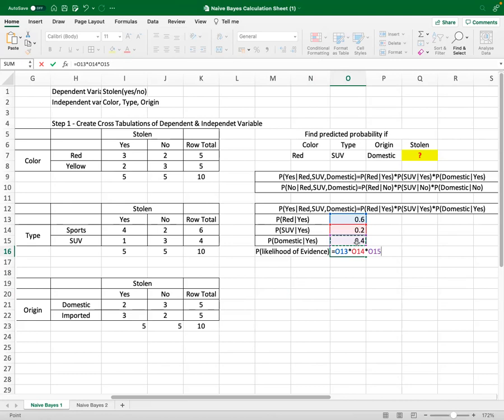So what is the probability of likelihood of evidence? It is multiplication of all three. You get 0.048.